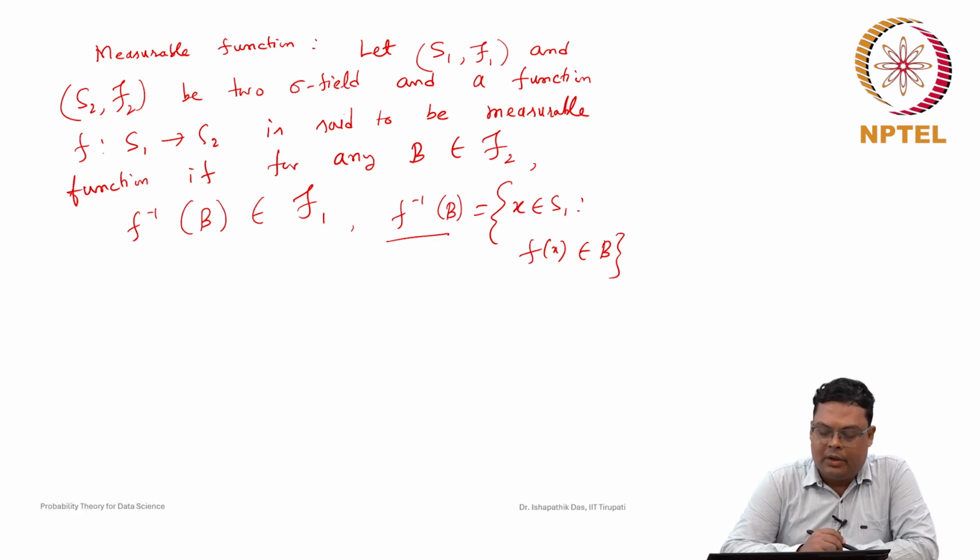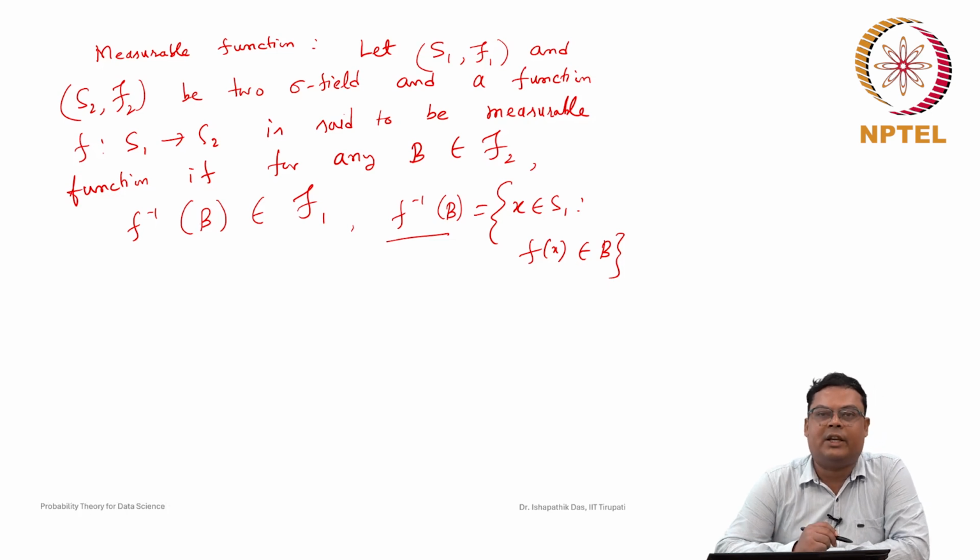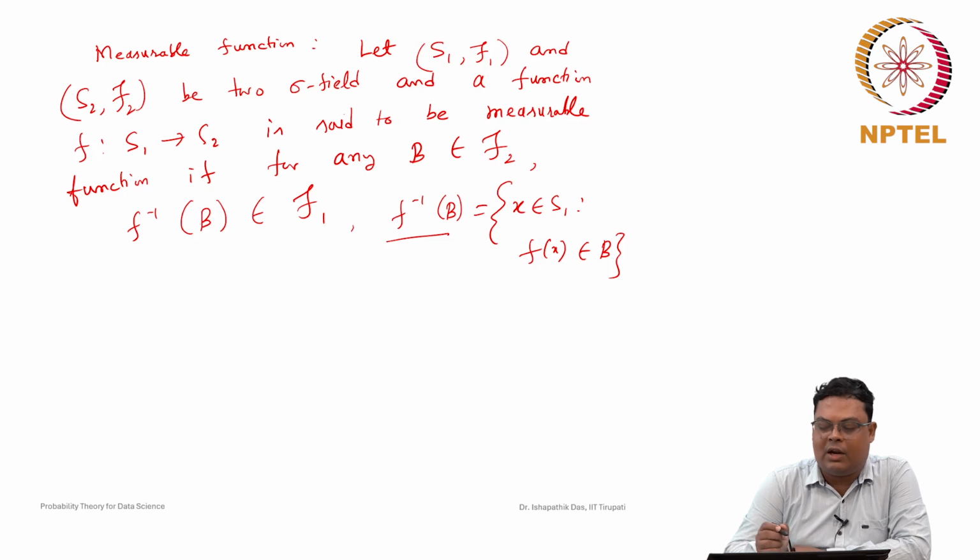Okay. Now, we will discuss a special kind of sigma field. Because these are all a little bit abstract, like head, tail, throwing a die, which will be 1, 2, 3, 4, 5, 6, that is a real number, but most of the phenomena in real life we describe by some abstract type of outcome, which may not be a real number.